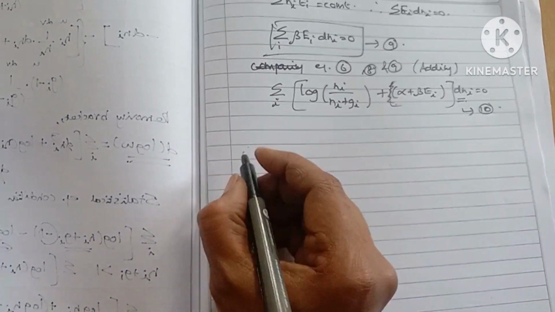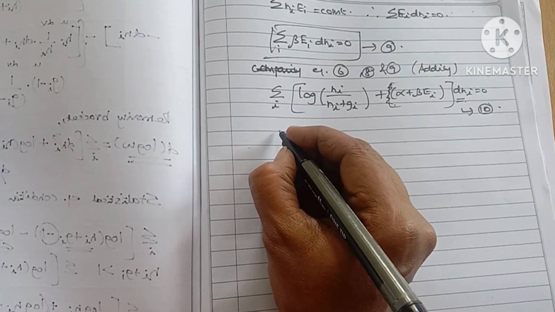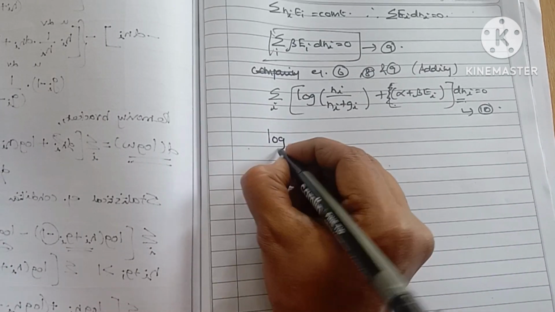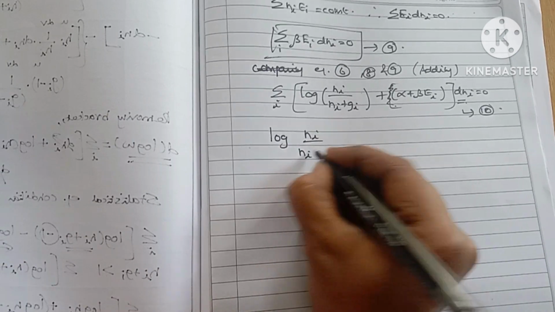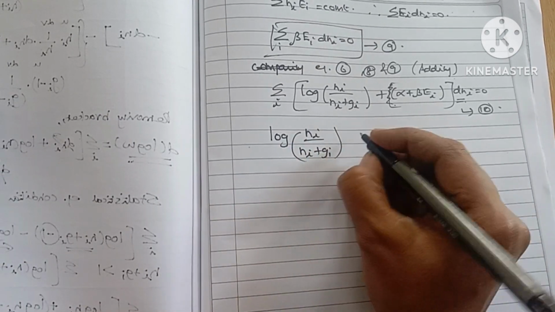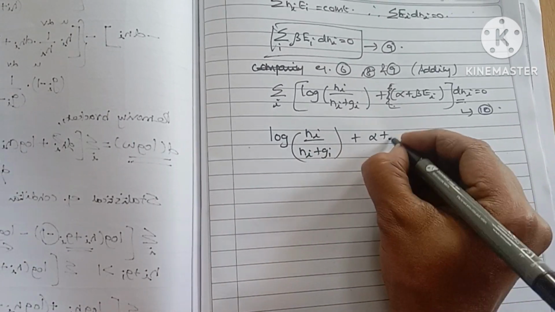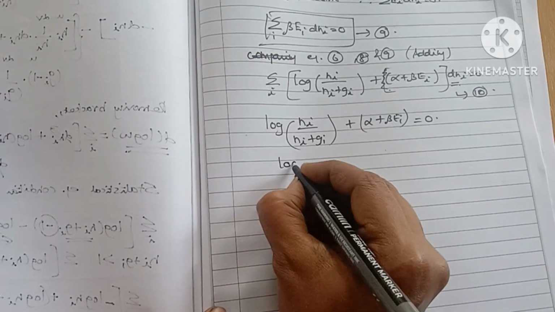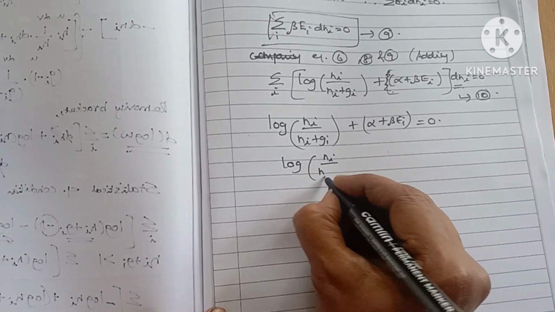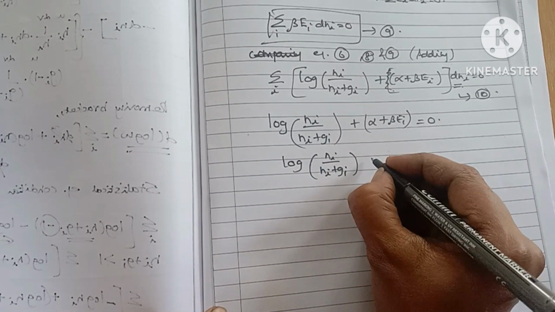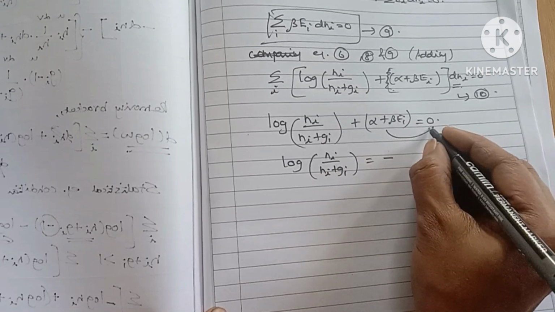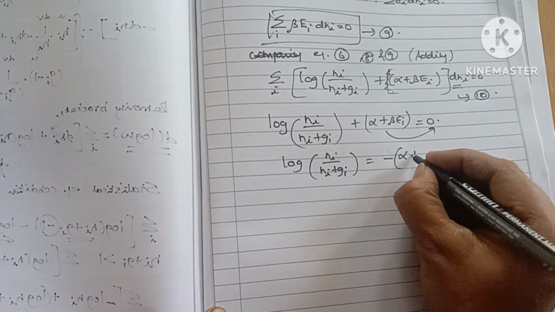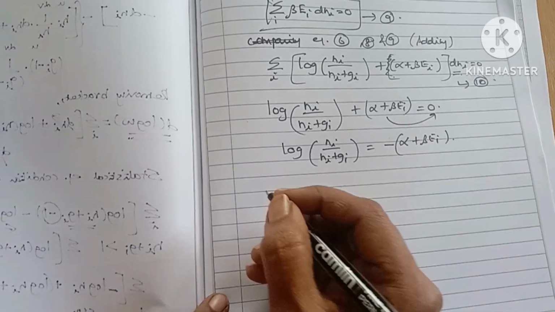Next, without summation, I have written log ni term plus alpha plus beta ei is equal to 0. Then log of ni by ni plus gi is equal to, if you bring this term to the right hand side, the equation will become like this.